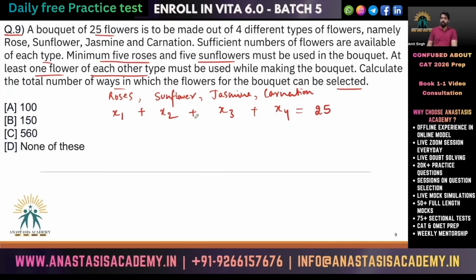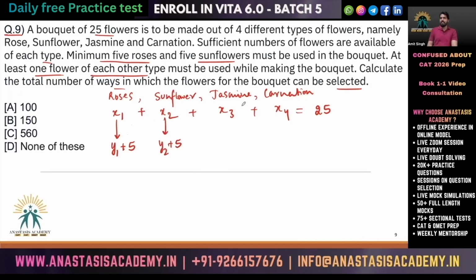But hold on, because I need minimum 5 roses, I am replacing this x1 by y1 plus 5, and I need minimum 5 sunflowers, so I'm replacing x2 by y2 plus 5.